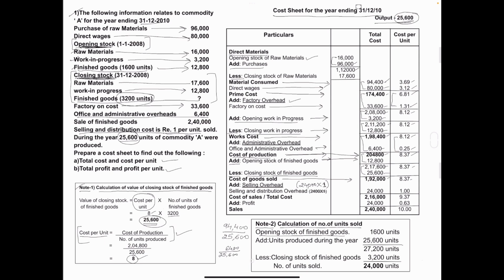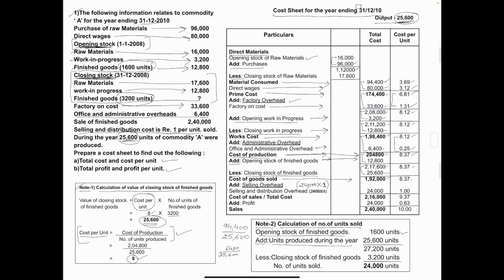So first take opening stock of finished goods, 1,600 units. In that we have to add units produced during the year.